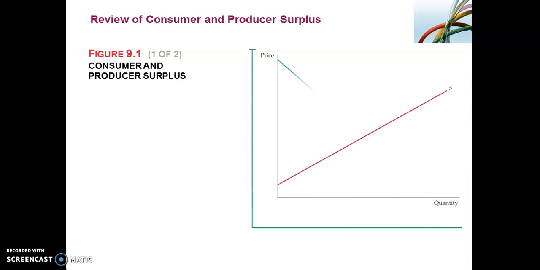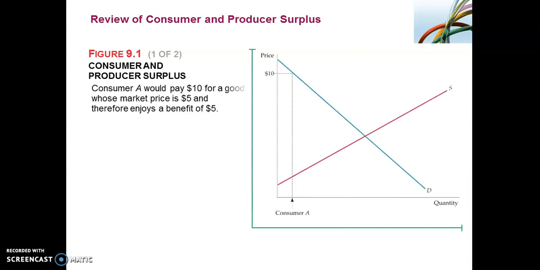So now we'll do a quick review of consumer and producer surplus. Now you know that in competitive markets that have no government regulation, there would be many buyers and many sellers that could buy and sell a particular good, and that would occur at a market clearing price or the market price.